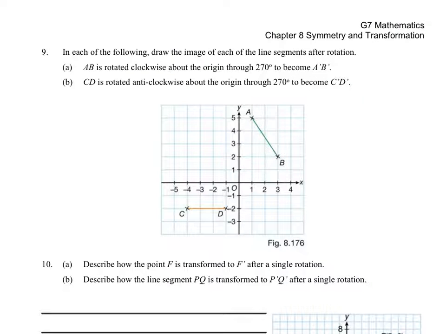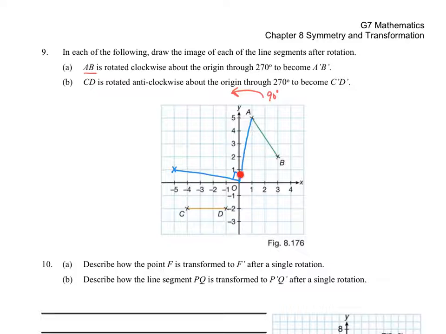In number 9, you will see that a line segment AB is rotated clockwise through 270 degree. So usually I would think in this way. If it is clockwise 270 degree, then I will do it like anti-clockwise 90 degree. To do this, I will do it point by point. So from A to A prime, from B to B prime, you can do it separately.